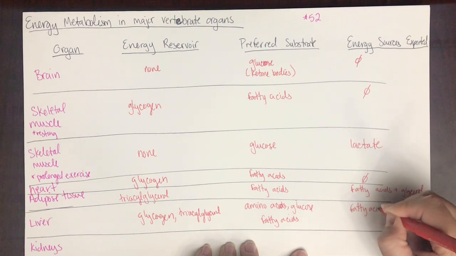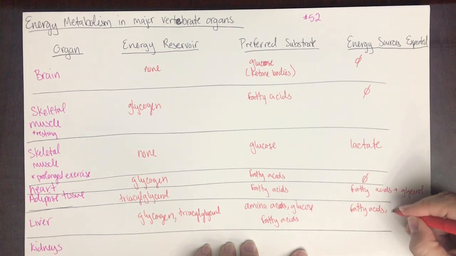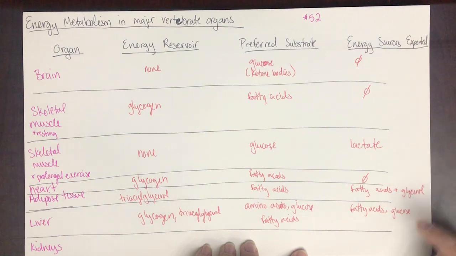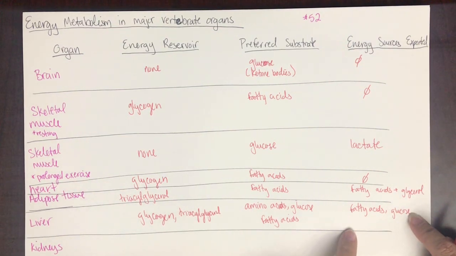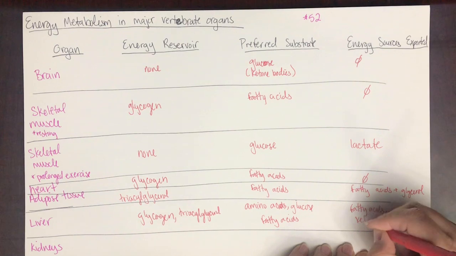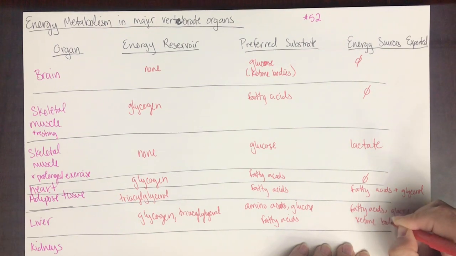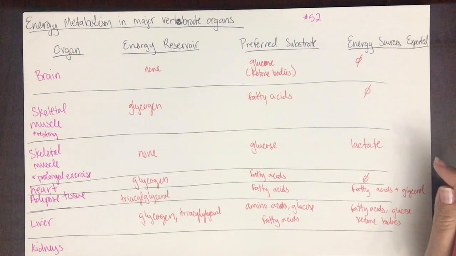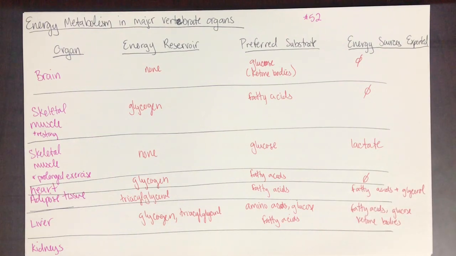Fatty acids, glucose. Remember, it can export glucose because the liver and the kidneys are the source of gluconeogenesis, where you are making glucose from a non-glucose precursor, and ketone bodies, which we'll talk about. That can also be fuel for our brain in times of starvation. Let's see what else to say about the liver.